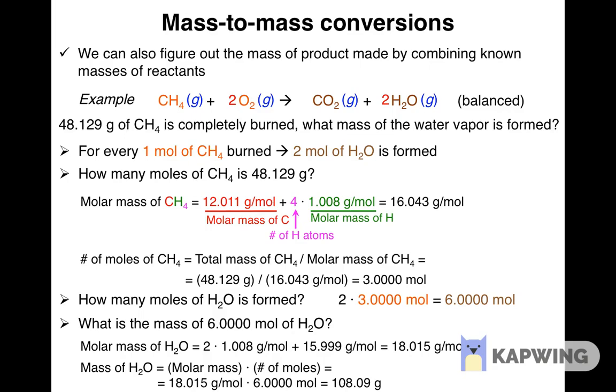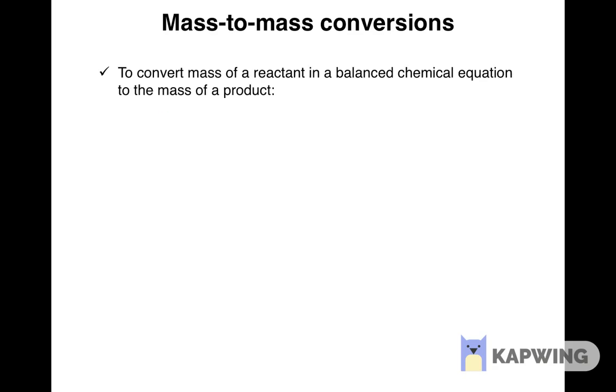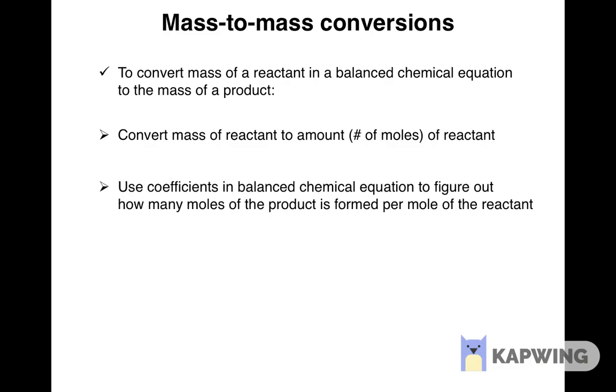When you are doing these calculations, please make sure to keep track of the units and the number of significant digits for all quantities. In summary, to calculate the mass of a product that is made from a given mass of a reactant, we need to take the following 4 steps. First, convert the mass of the reactant to the amount, that is, the number of moles of reactant.